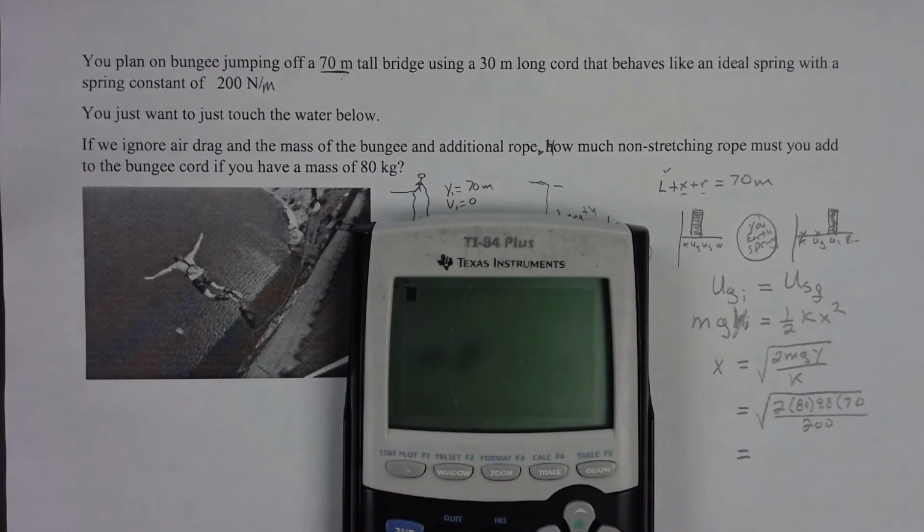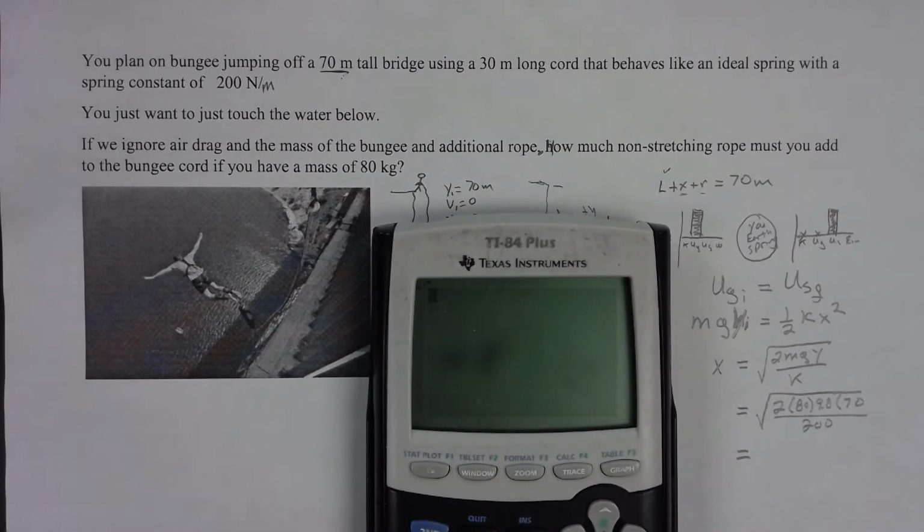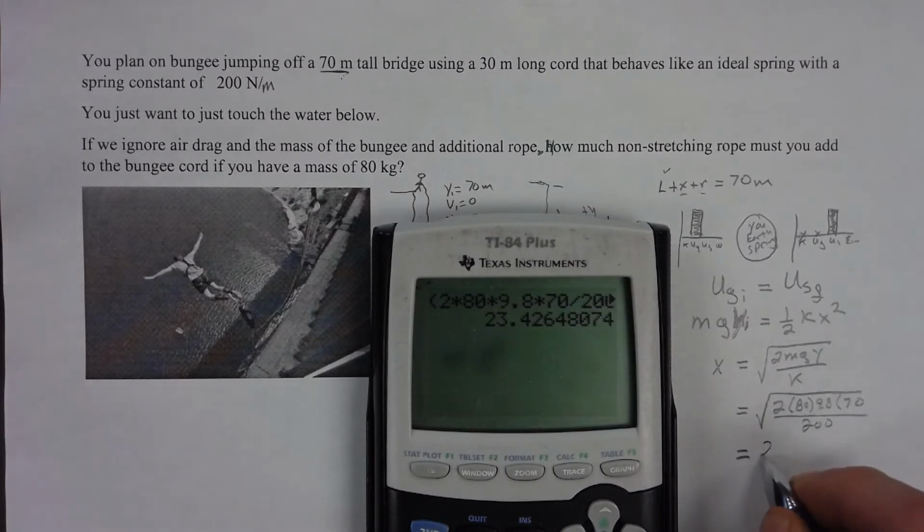Clear all that junk out. 2 times 80 times 9.8 times 70 divided by 200, all to the power of 0.5. 23.4265 meters.